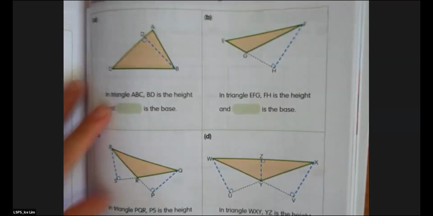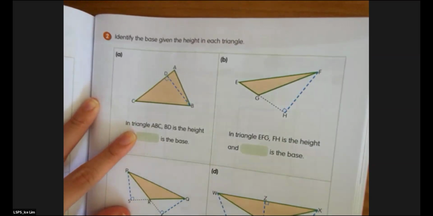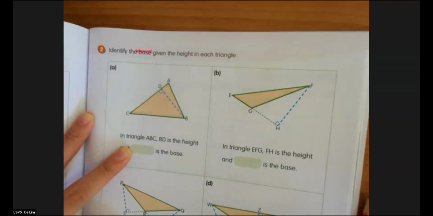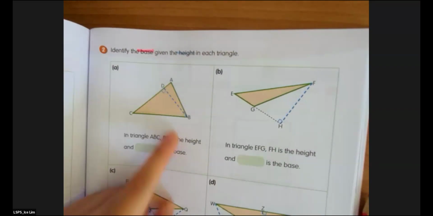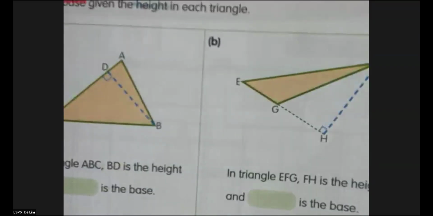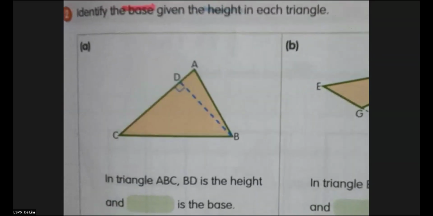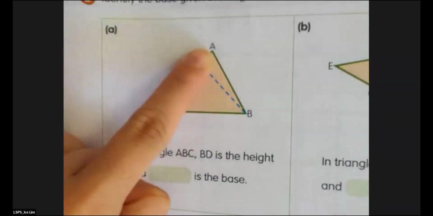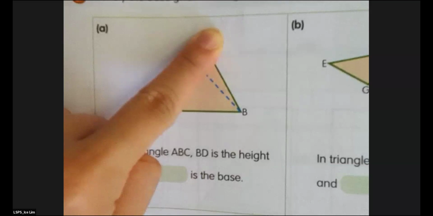So, first thing we need to identify is the correct base. Some of the questions they give us, so let's say, identify the base given the height. So in triangle ABC, if you're feeling quite worried about this, one tip for you is to use your finger to run through the reading.